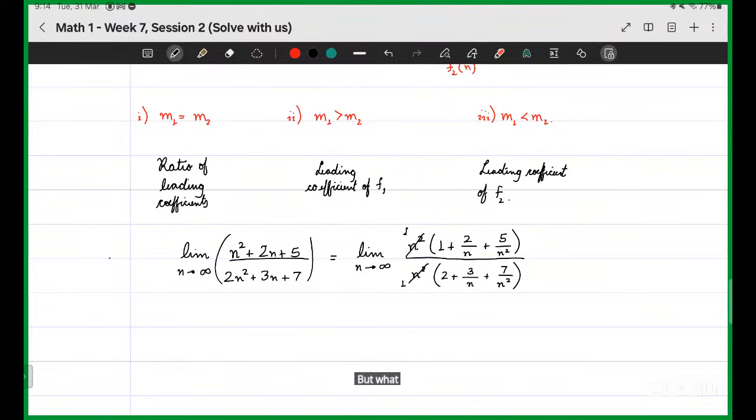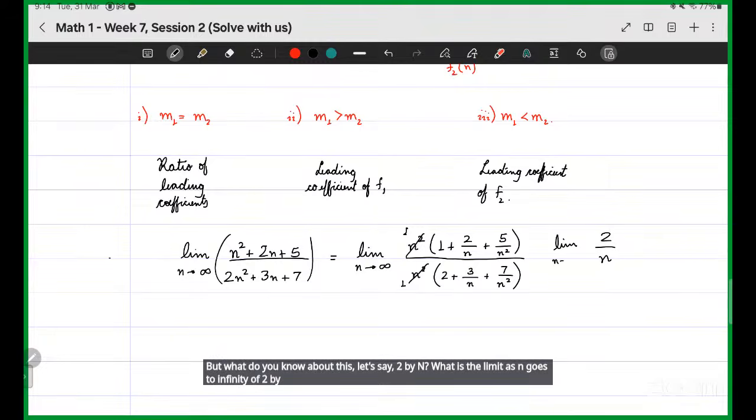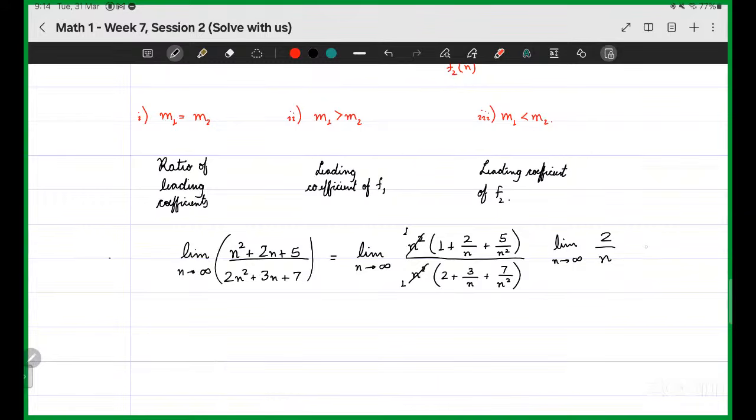But what do you know about this, let's say 2 by n? What is the limit as n goes to infinity of 2 by n? 0. So the limit of this is 0. Similarly, the limit of this is 0, and the limit of this is 1. So their sum has limit 1.